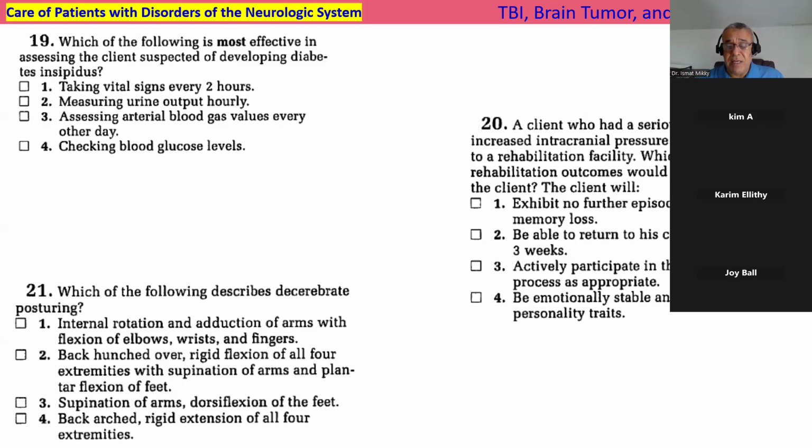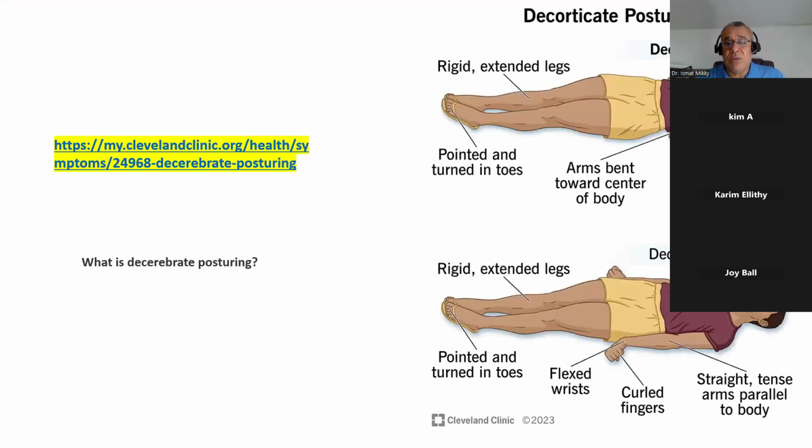That will describe the decorticate, not the decerebrate. So the internal rotation is not the decerebrate, right? It's the decorticate. Decorticate inwards, decerebrate outwards.